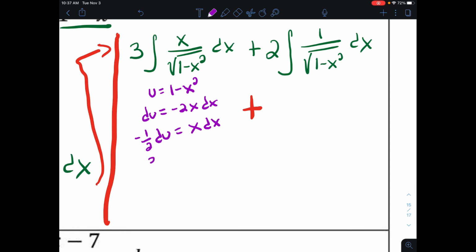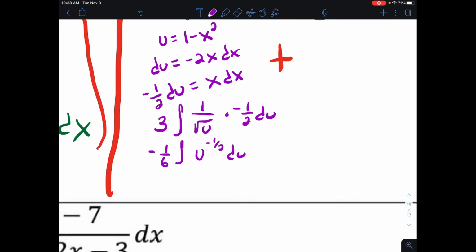So we'd have 3 times the indefinite integral of 1 over the square root of u times negative 1/2 du, which would make negative 1/6 times the indefinite integral of u to the negative 1/2 power du. And so we would continue on. We would do the power rule for integration. We get negative 1/6.